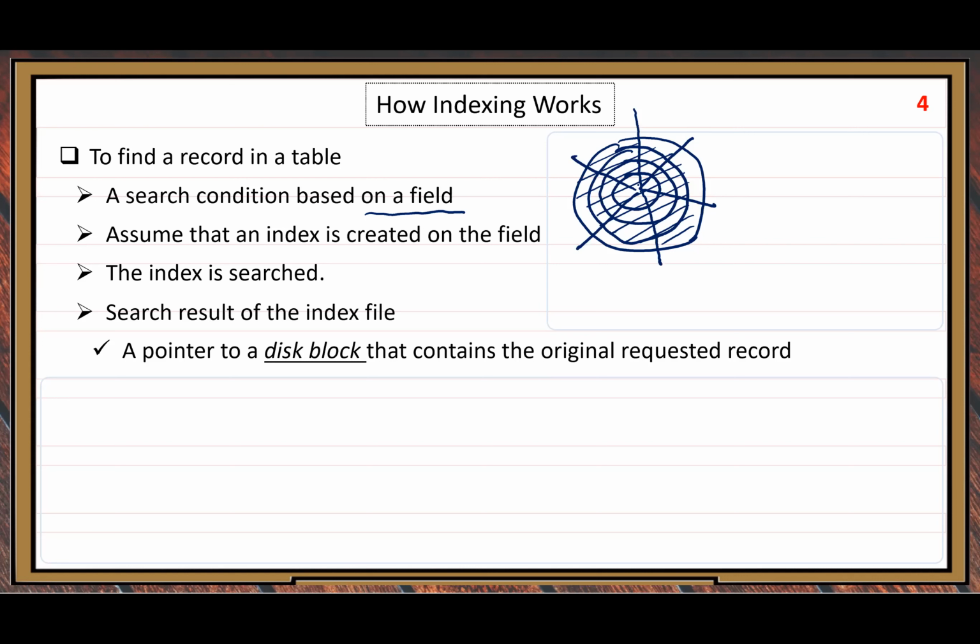Then each ring and each sector is divided into many blocks, disk blocks, as the unit. And this disk block unit is the unit we load from the hard disk into main memory.